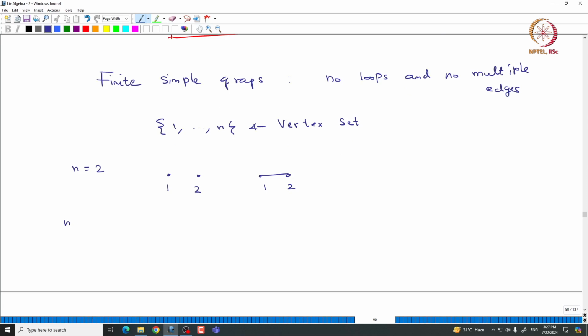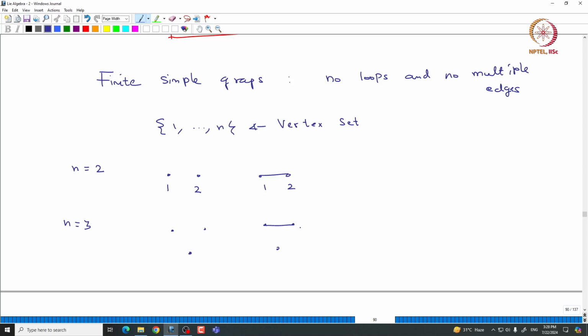If we take n equal to 3, then we have three vertices. There may not be any edge between them, or we can put one edge between two vertices, but the choice of that pair of vertices does not matter because we want to talk about unlabeled graphs. That means we do not care about the labeling of the vertices.